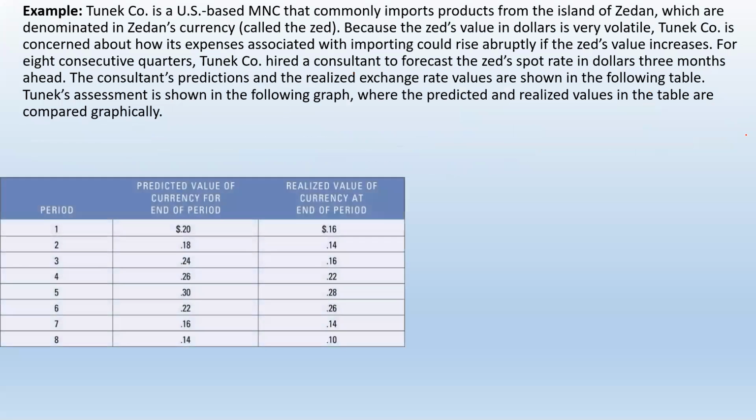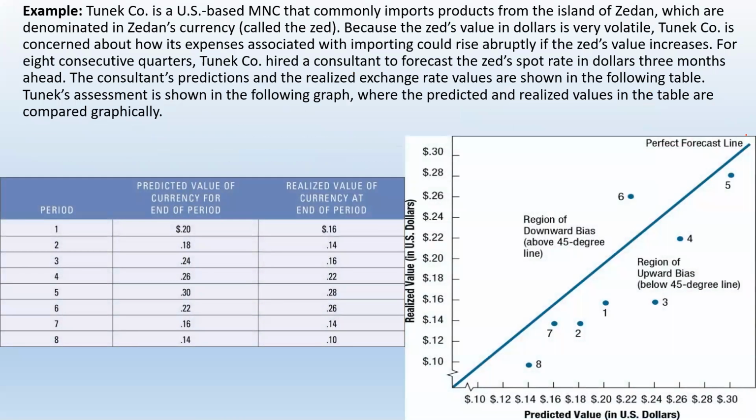So here is what we saw in the previous example, and we can plot it. Those are the predicted values, and this column is the realized value. For the first period, the predicted value is 0.2 and the realized value is 0.16.